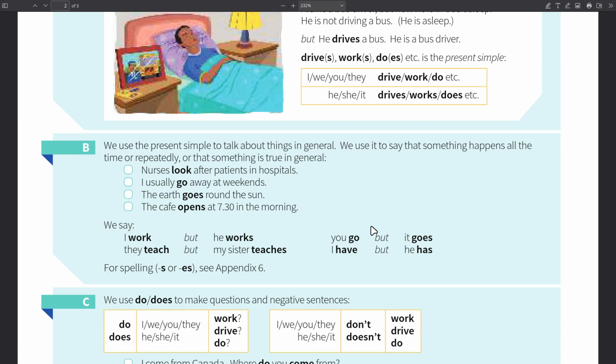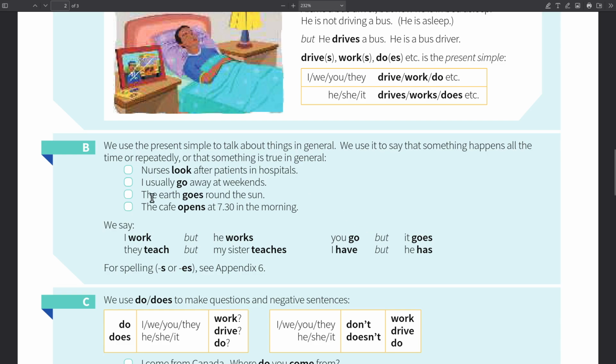That's something that is true in general. We are not talking about all nurses, but we're talking about something that is true in general. Most of the nurses look after patients in hospital. Maybe other nurses not. Maybe in private houses or in a specific place, but not all of them look after patients in hospital, right?